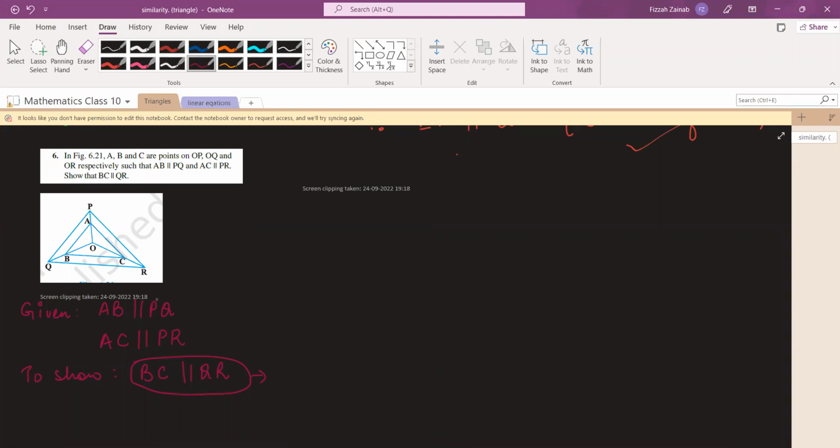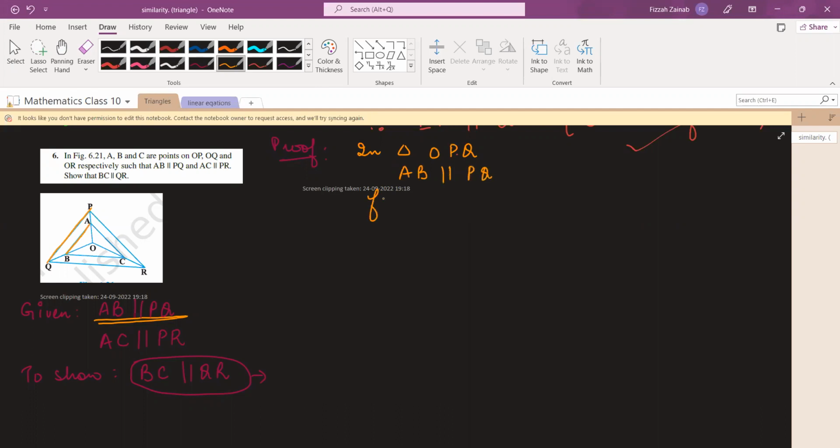Okay. So we will start from the given condition. So we will take hint from here. First of all, it is given that AB is parallel to PQ. So where is AB? Now you can see AB is here, and PQ is here. So which triangle do I have to take? Triangle OPQ. Very good. So in triangle OPQ, you have AB parallel to PQ.